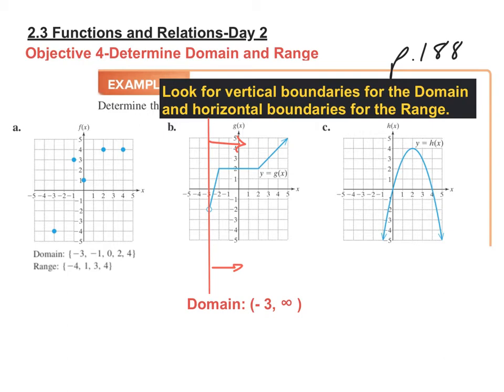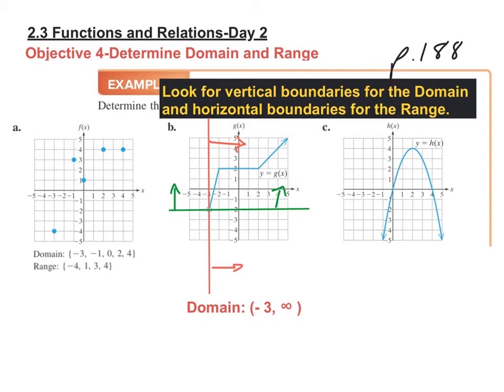Now, we can look at, from the same perspective, a horizontal boundary. Is there a minimum value or a maximum value? Minimum. So there's a bottom, a floor, but there's no ceiling. My floor is going to happen right there.